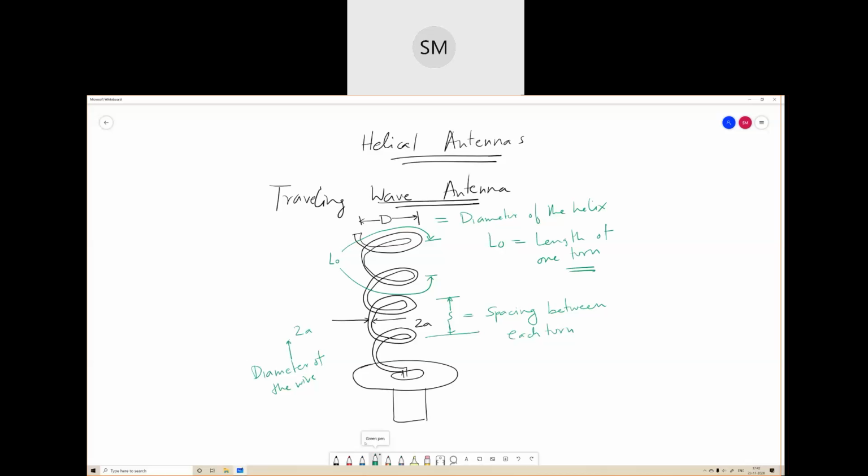Any questions so far regarding this terminology? Because we will use S, L, and D throughout the discussion. S, L, and D will be used in the rest of the helical analysis, so please be sure about what they mean.